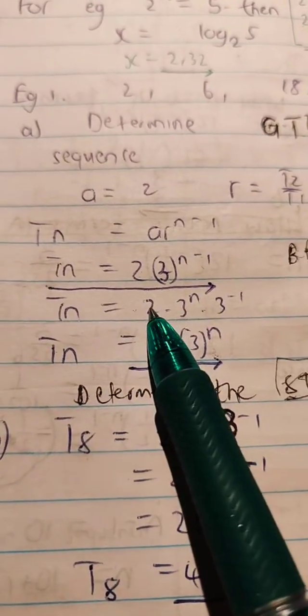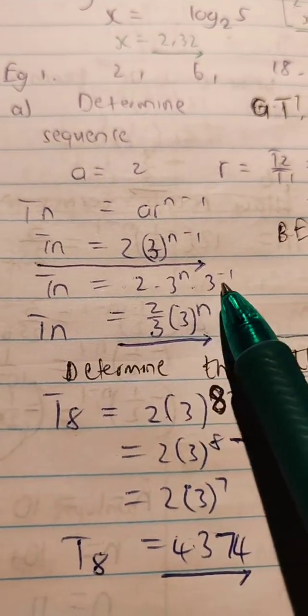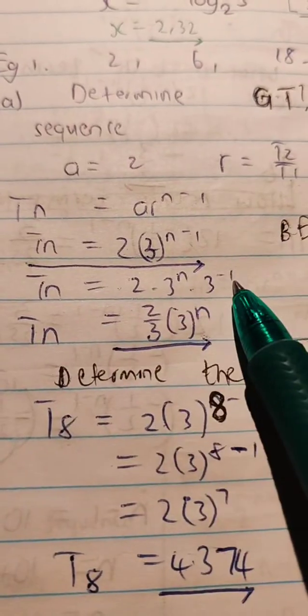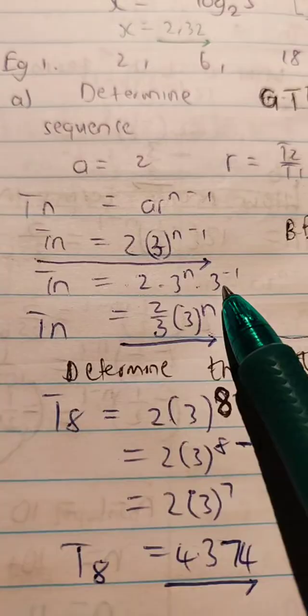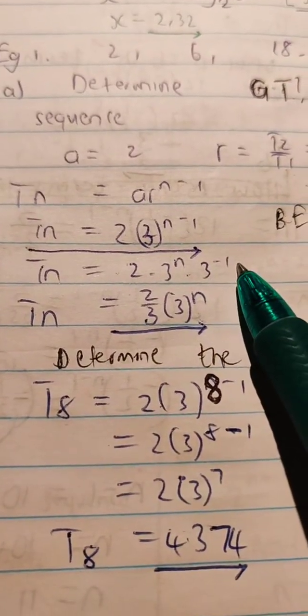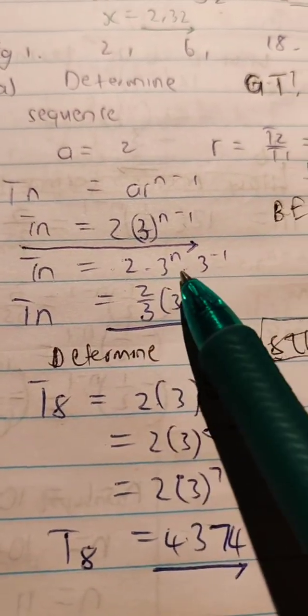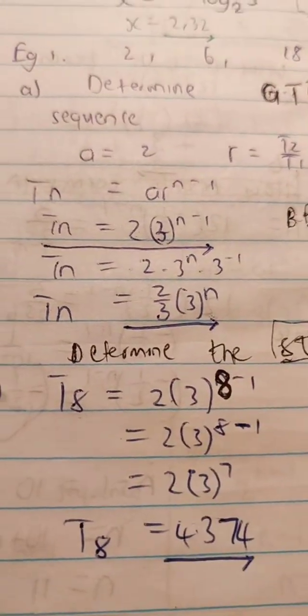Some people will tend to write 2 and then they'll say 3 to the power n. They will separate 3 to the power n times 3 to the power negative 1. Then they will multiply the numerical values 2 times 3 to the power negative 1. Remember, 3 to the power negative 1 can be written as 1 over 3. So it's like saying 2 times 1 over 3, which is 2 over 3. Then you write 3 in brackets to the power n, and that is that.